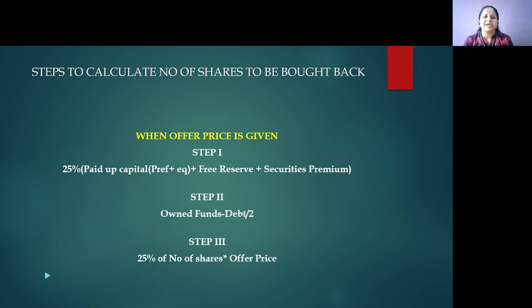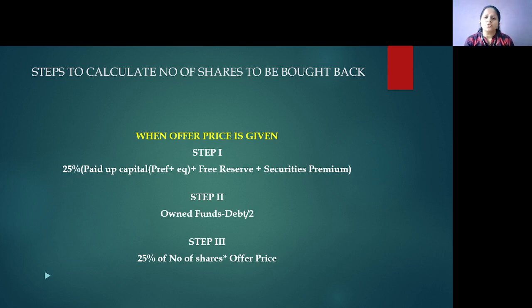Now, as far as academics is concerned, you have three levels of difficulty. The first level, which we have already discussed earlier, is that whenever we go for the buyback, we mainly require two things: first is the offer price, and second is the number of shares to be bought back.